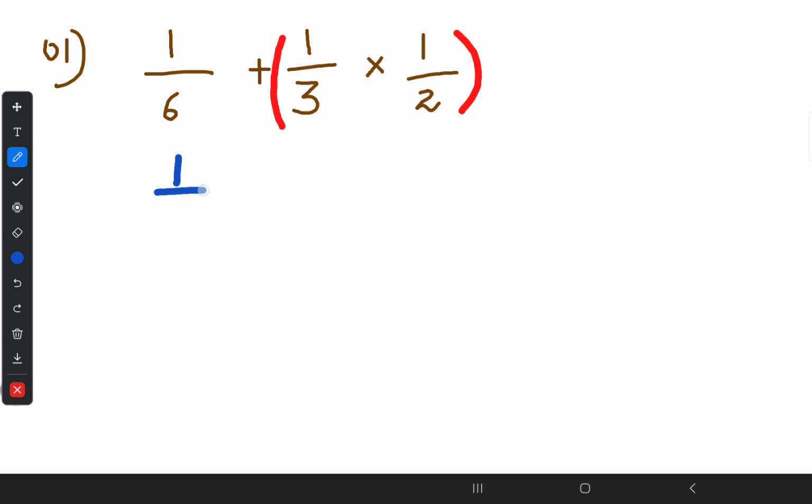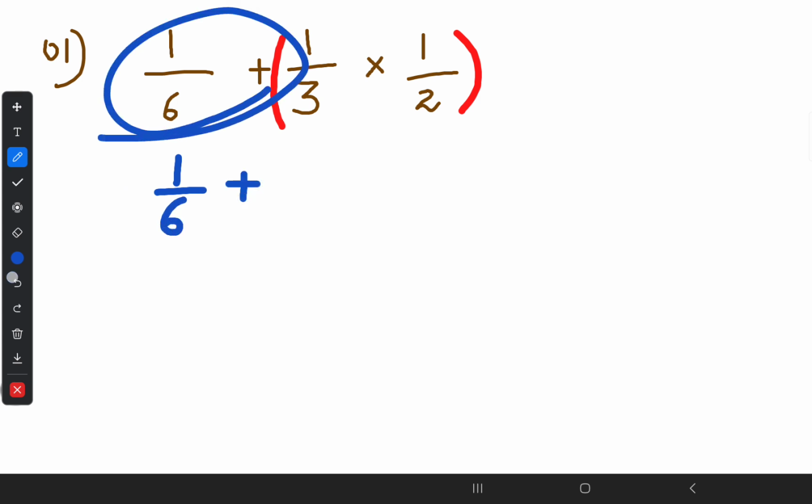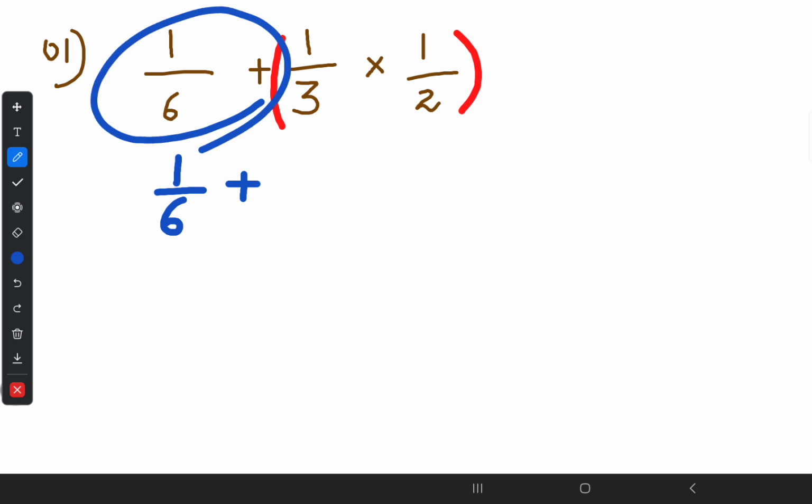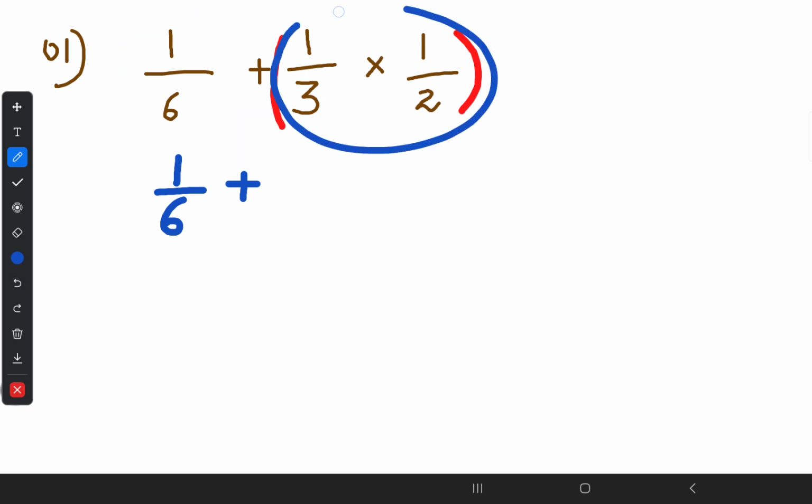You can keep 1 upon 6 and the plus mark as it is. No need to do anything with that. You should do the operation inside this bracket. This is multiplication, so no need to find the LCM or equivalent fractions. You can directly multiply. 1 ones are 1, 3 twos are 6.